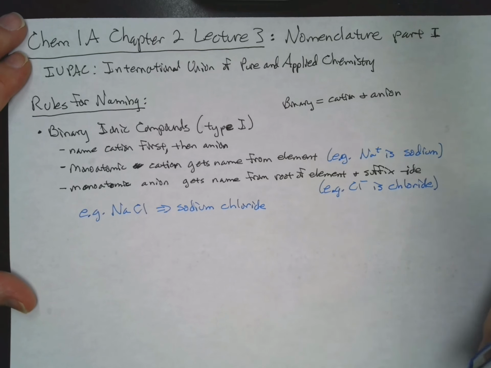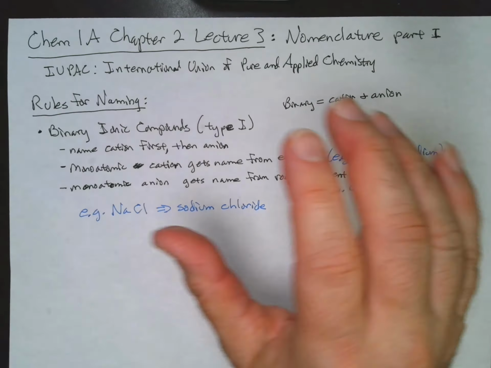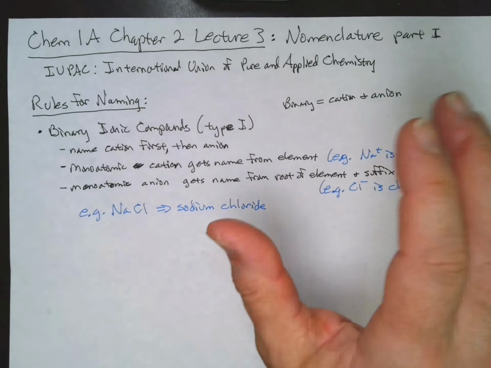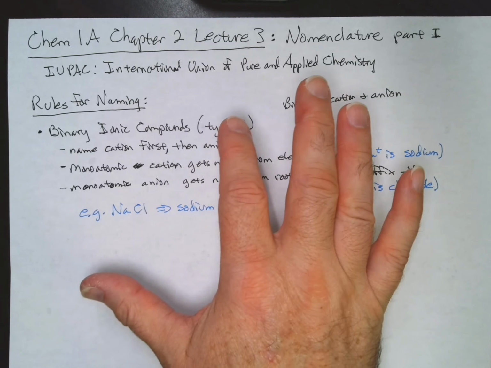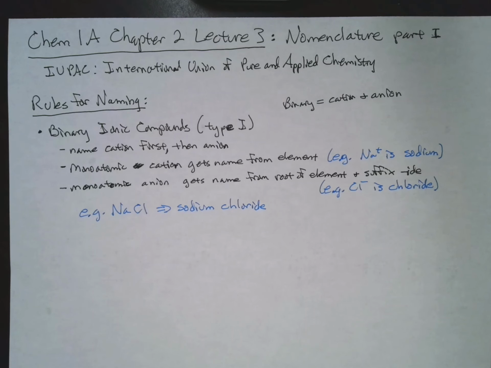Okay. Now, for ionic compounds, you don't need to pay attention at this stage for these type 1 compounds to how many of a particular atom there are. What do I mean by that?